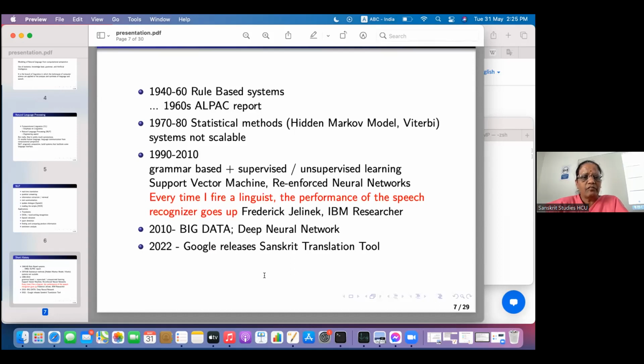Way back in the 1940s, machine translation was, I would say, the very first application in computer science.